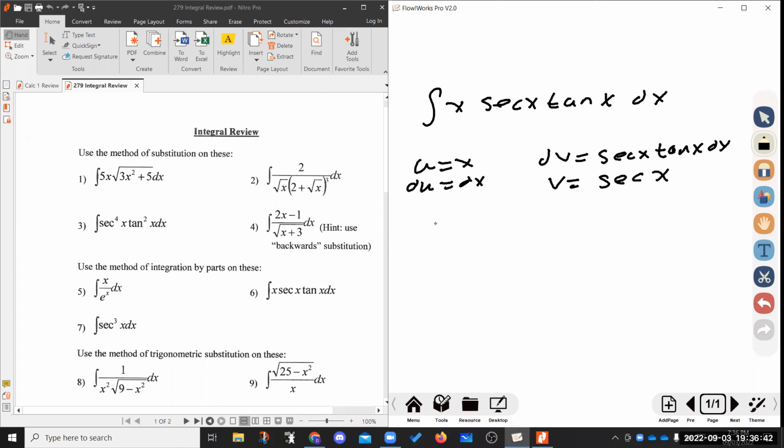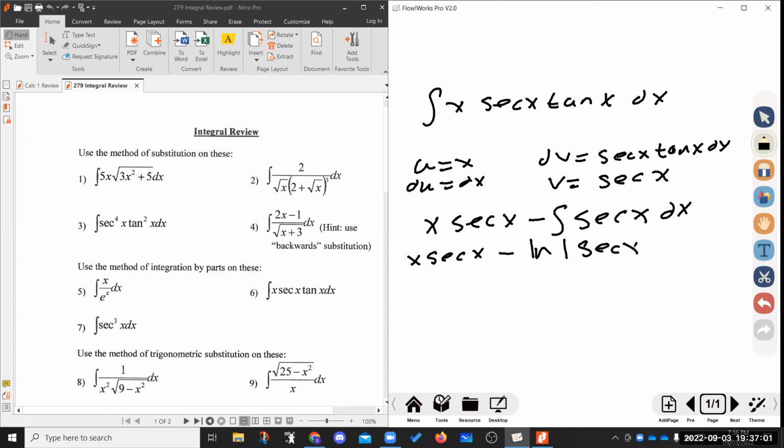Again, uv minus the integral of v du. This one is tricky. You learned this one in Calculus 2. There's a couple of different forms for it, but it is going to be ln of the absolute value of secant x plus tangent x plus c. It's the way that I learned it.